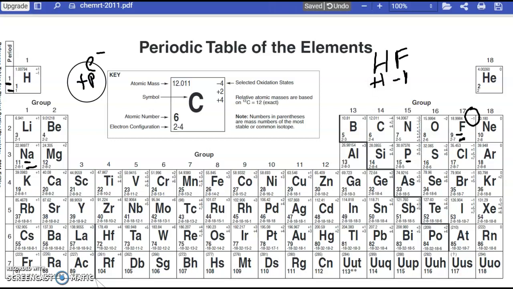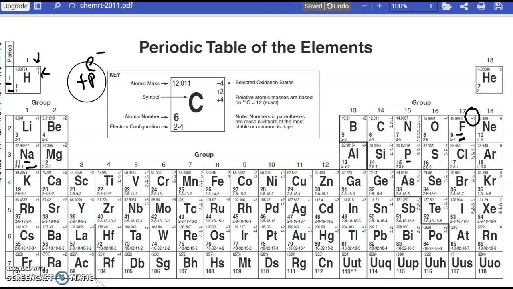And the reason for that is because this compound, hydrofluoric acid, is neutral because there's no charge written up here. So you have to have hydrogen have a charge that balances out the fluorine charge to make the overall compound neutral. So here hydrogen took the +1 oxidation state. But hydrogen can also have the -1 oxidation state. So let's see when it does that.